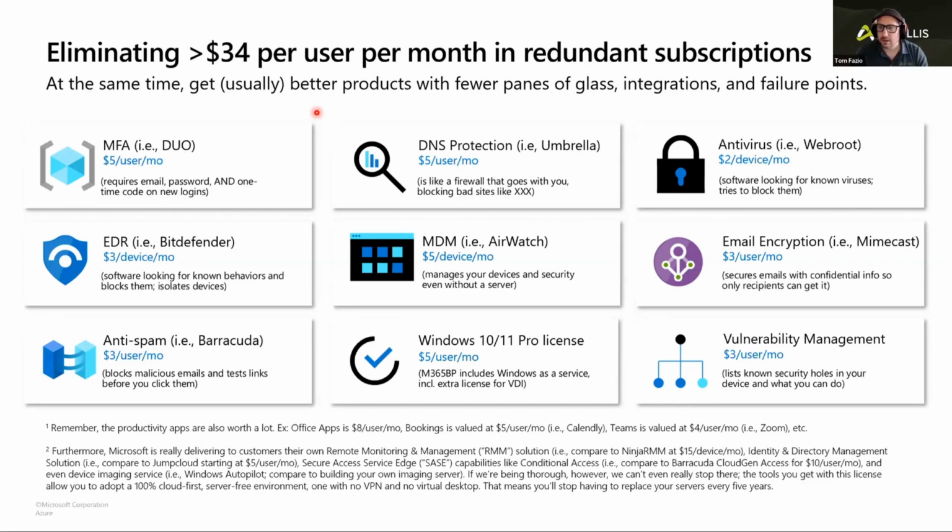So the lowest hanging fruit really is the MFA, and the great thing about the Microsoft piece and MFA is you can use an authenticator app. You didn't used to be able to use an authenticator app when it first came out, but now you can, and that's very similar to the product called Duo, which I don't know if any of you are familiar with.